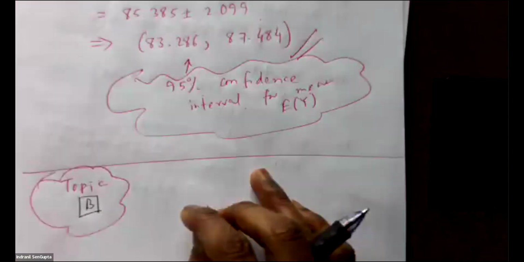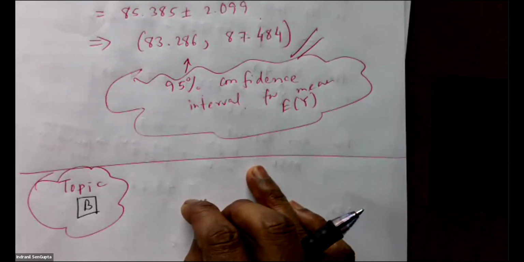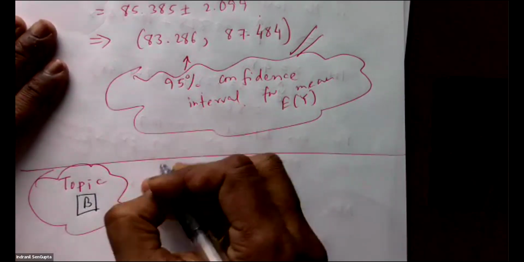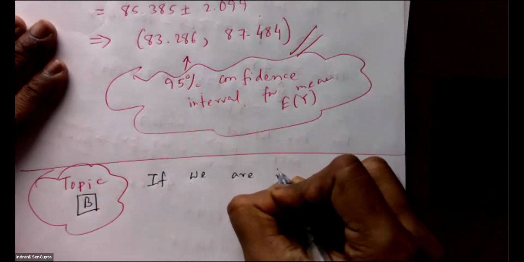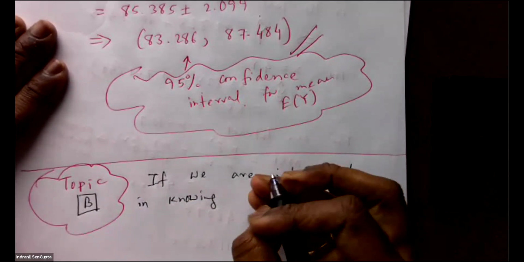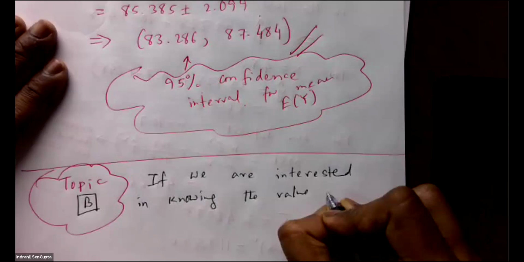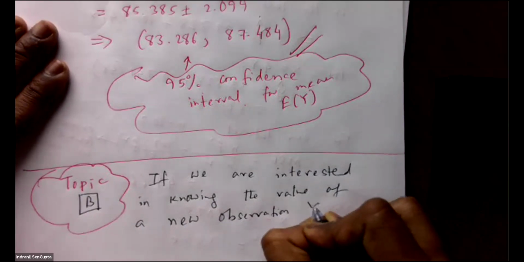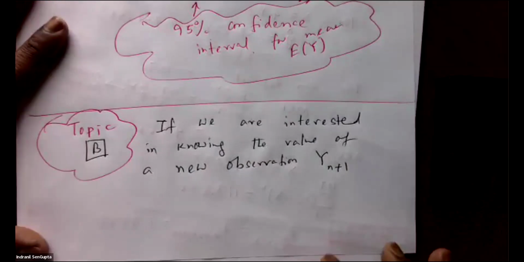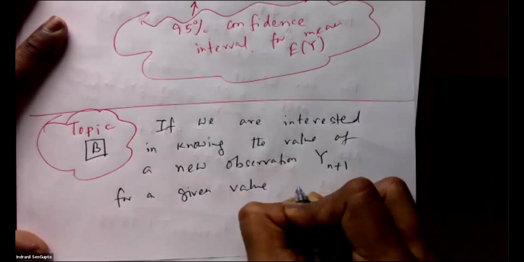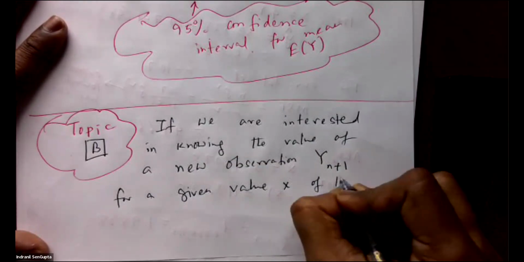Okay. Now here it's a little different. So instead of finding the confidence interval for the mean, if we are interested in knowing the value of a brand new observation, say y sub n plus 1, because we already have fitted yn, but this is a new one, for a given value x of the predictor.